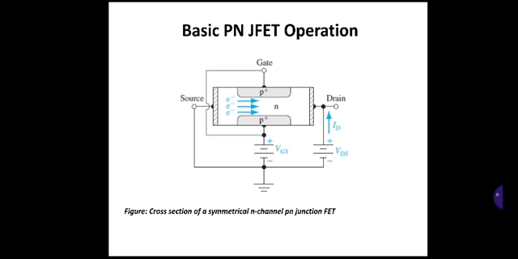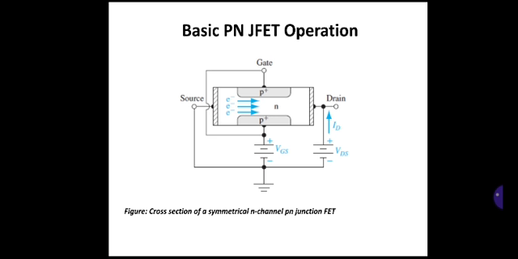In this N channel device, the majority carriers are electrons because it is N channel. So the majority charge carriers are going to flow between the source and the drain terminals. Observe the source and the drain terminals.